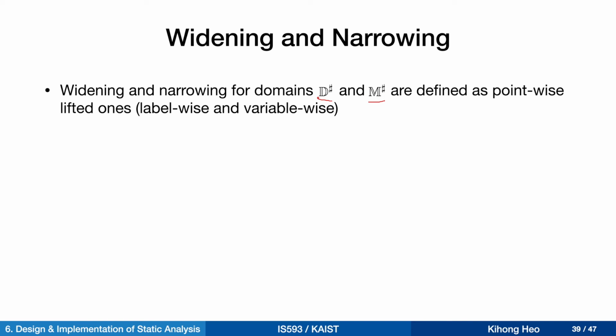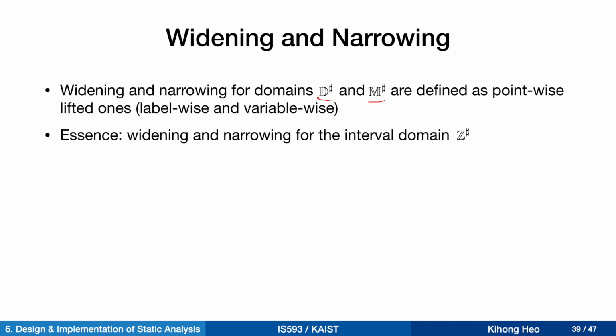Then what does that mean? The essence is actually the widening and narrowing operators for the interval domain. Once we define the widening and narrowing for the interval domain, the widening and narrowing for the other domains like D# and M# can be defined as label-wise and variable-wise lifting of the existing one.